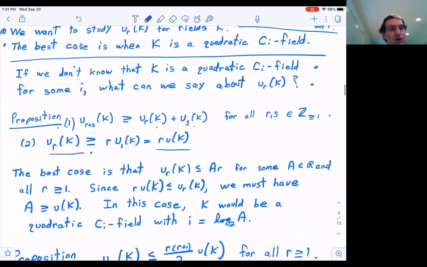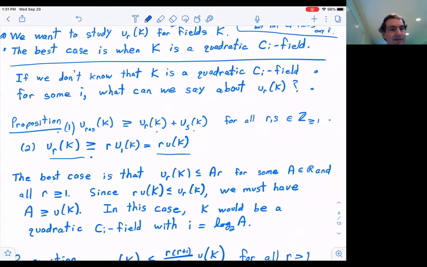Now, in terms of this u sub r invariant, I'm going to rephrase something I said above. The best case is that u sub r of K is less than or equal to a times r for some real number a and all r greater than or equal to 1.